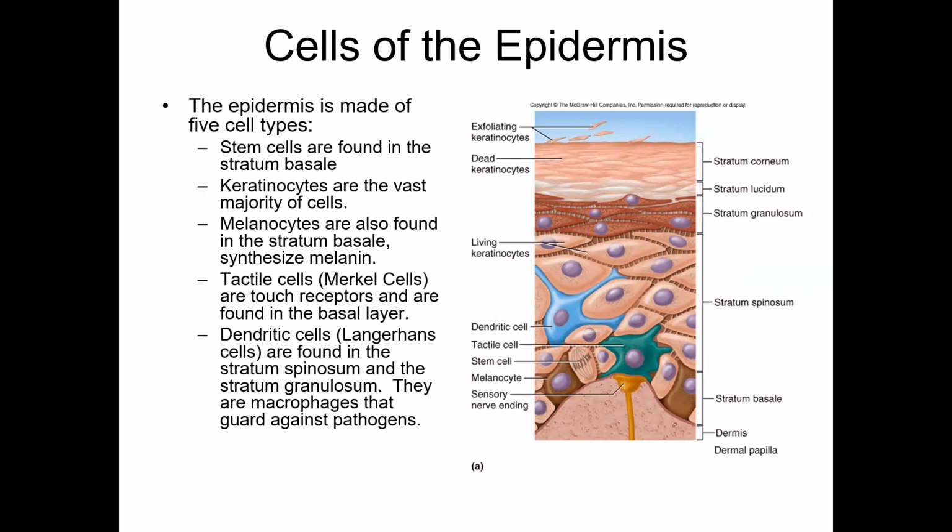Melanocytes, the little dark cube cells there in the stratum basale, those make melanin, which we'll talk about in a bit. Tactile cells, often called Merkel cells, are sensory receptors for touch, pressure, vibration. And then you see those blue dendritic cells, which are part of your immune system. Those are macrophages. They're out there swimming between cells looking for something to kill.